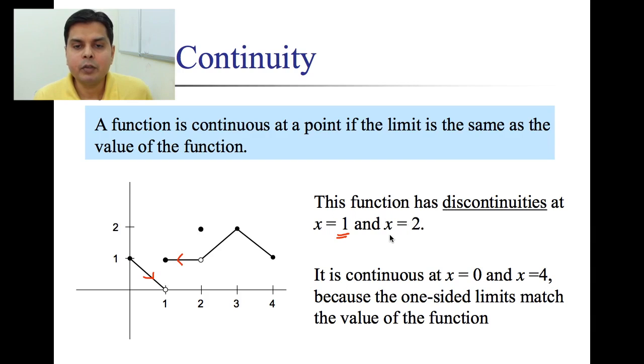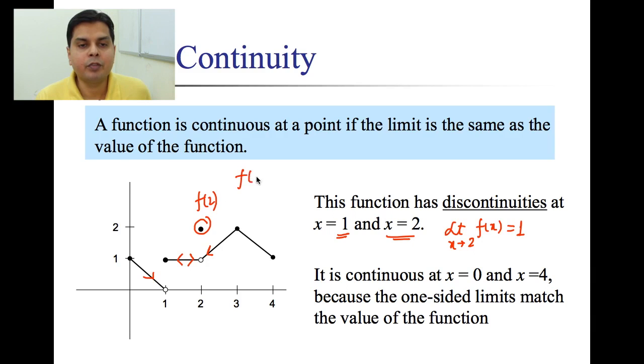It will also have a discontinuity at x equal to 2. Why? Because at x equal to 2, although the right hand limit and the left hand limit are both equal to 1, so the limit of f(x) is 1, that is, the function has a limit at x equal to 2, but the value of the function at x equal to 2, this is my f(2), is not equal to the limit of f(x).